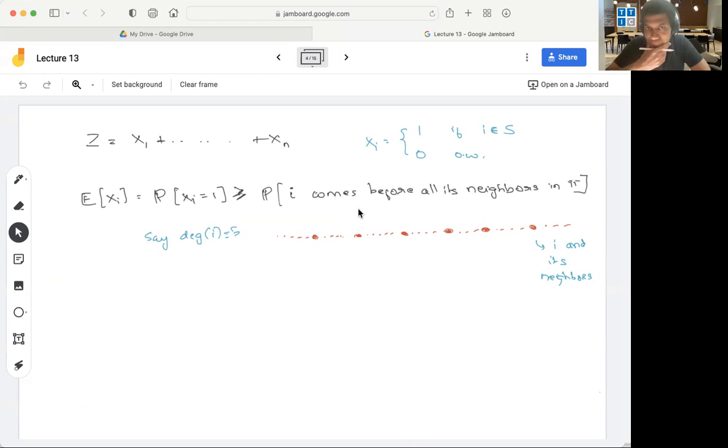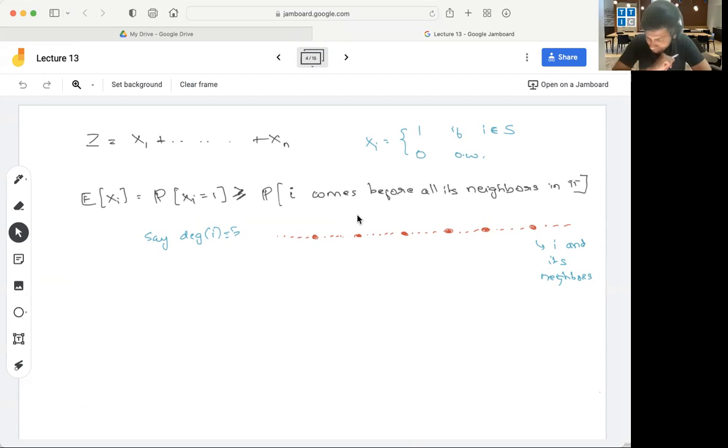So it's at least true that the probability that we pick I is at least the probability that I is considered first, before we had a chance to look at any of its neighbors. Is that okay? Yeah, I think that's good.